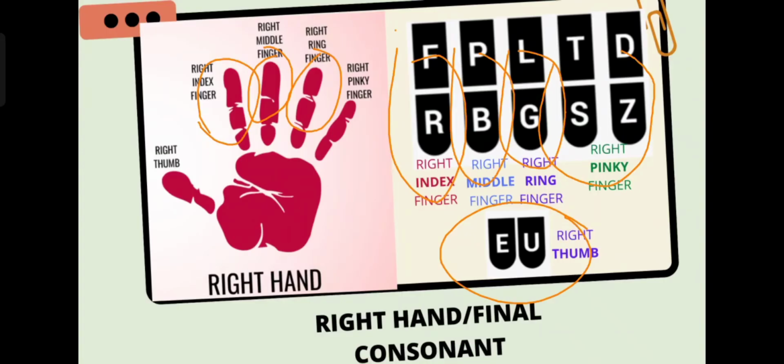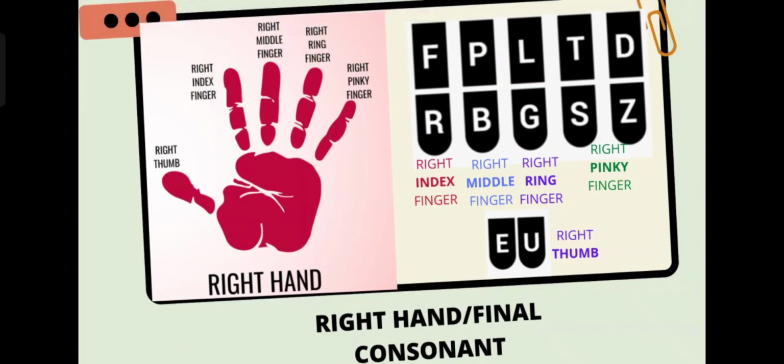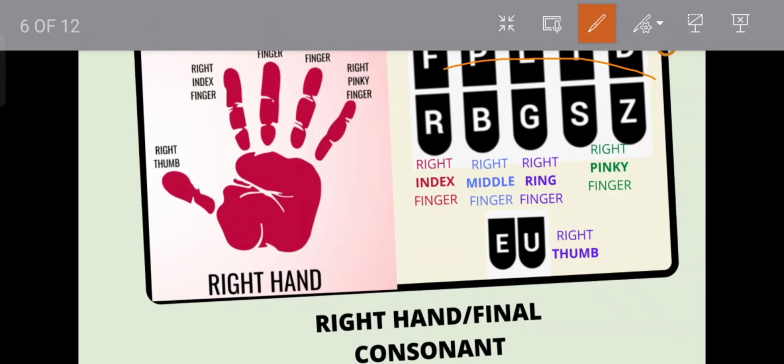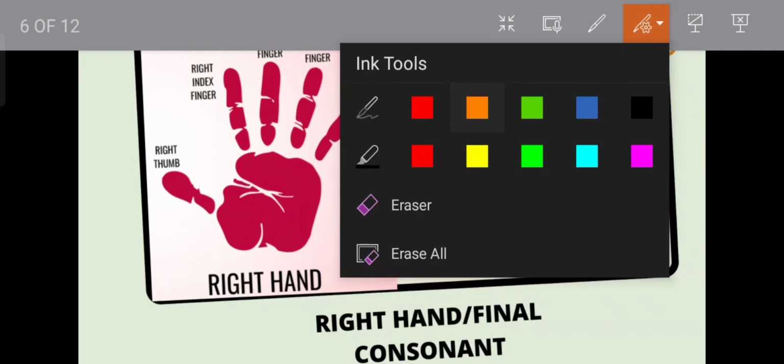T, D, S, Z is pressed by the pinky. But then again, as I have said, if you are to position your hands on the keyboard, you put them in the crack. Okay? And not on the upper or lower bank. Just on the crack, so that it is not difficult for you.